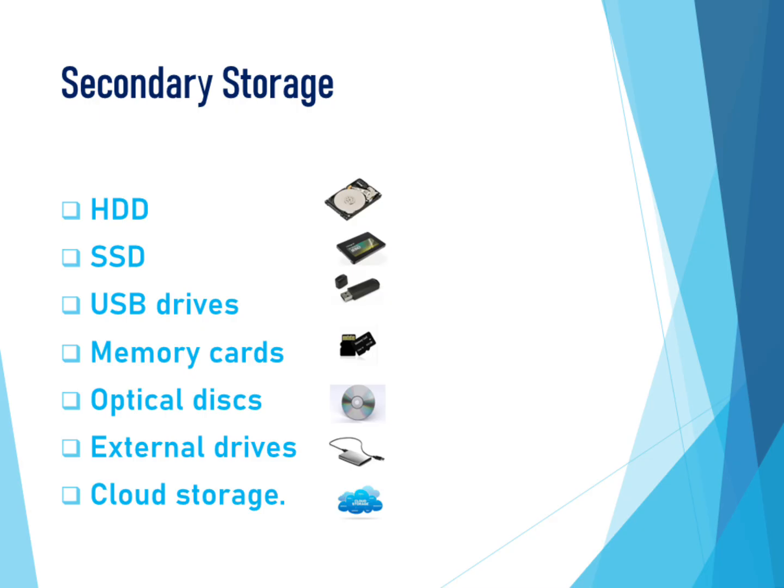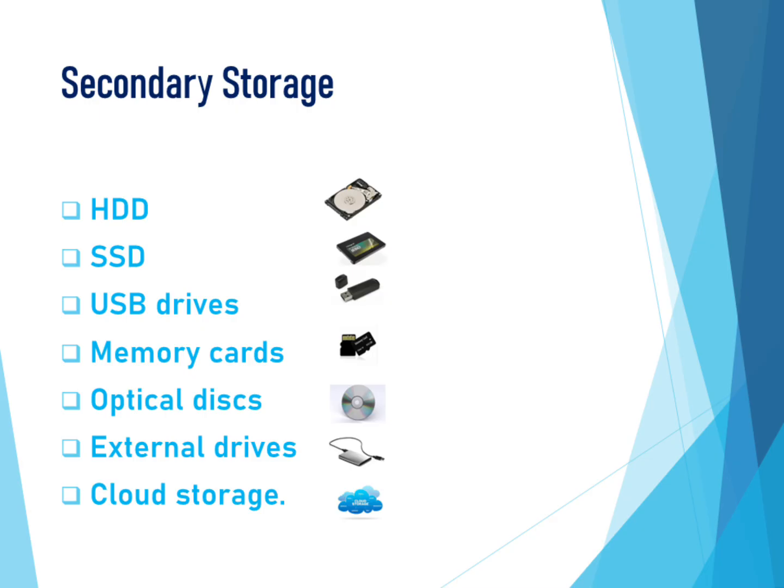Cloud storage means your files are stored on internet servers instead of only on your computer. Popular examples include Google Drive, OneDrive, Dropbox, and iCloud. Secondary storage usually has much larger capacity than primary storage. This is where your photos, videos, games, and documents are permanently stored.